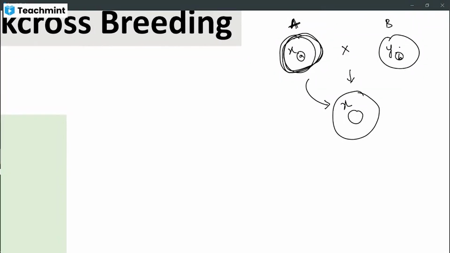Okay. So what will be the nuclear condition of the progeny then? Maybe both A and B. In which proportion? 1:1. So that is 50% of A plus 50% of B, right?